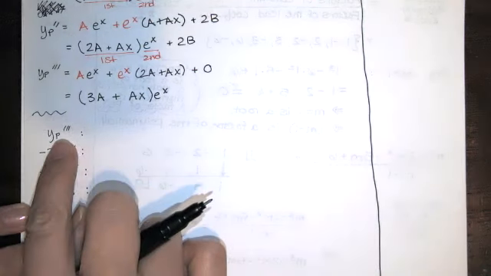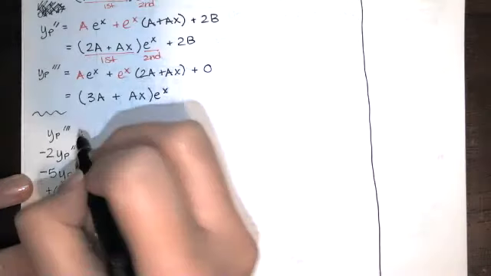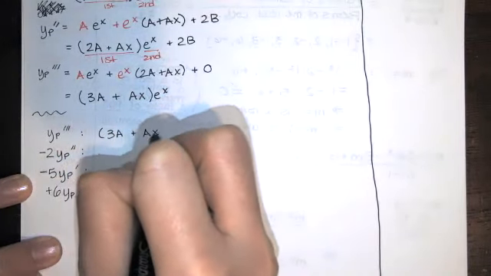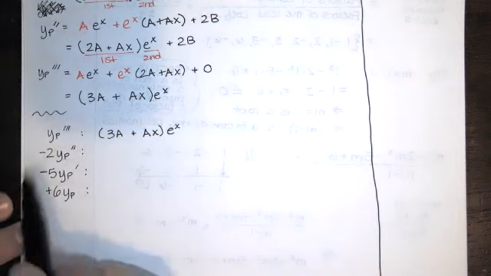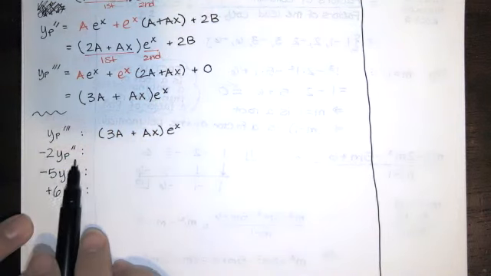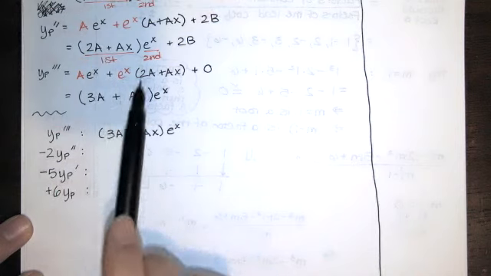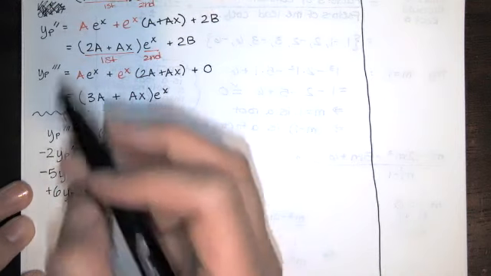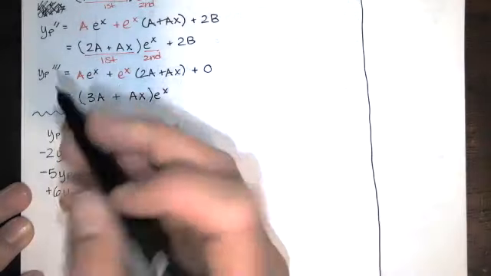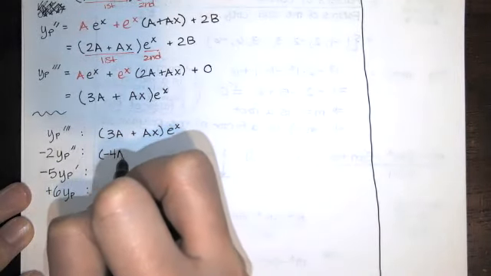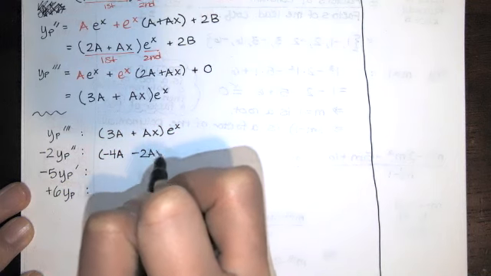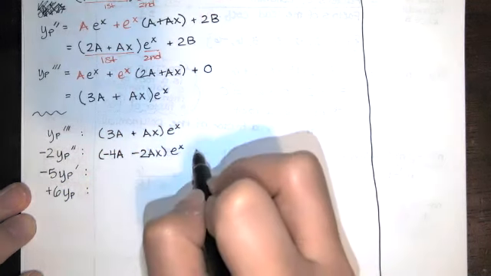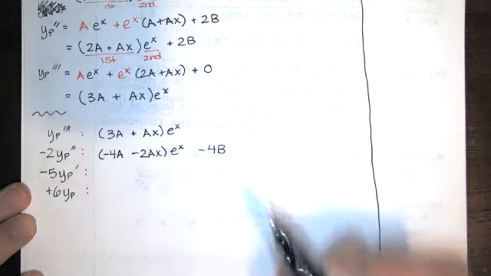Okay, so y sub p triple prime turned out to be this. So I have 3a plus ax times e to the 3x. And then I'm subtracting 2 times y sub p double prime. So you want to distribute a -2 here and here. So -2 times this is going to give me a -4a minus 2ax times the exponential, and -2 times 2b is -4b.